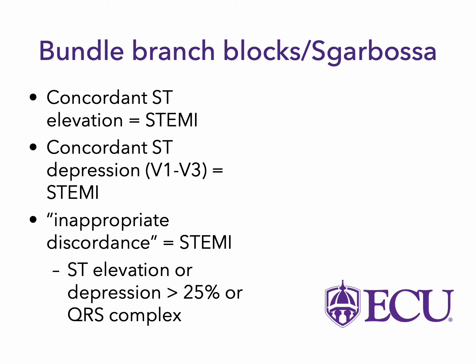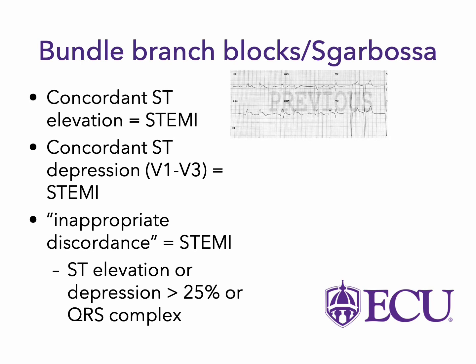So let's just break this down to make this make sense. Starting with concordant ST elevation. This is a little bit tough to see, but if you look closely here, we have in lead 2 a widened QRS. This is our left bundle morphology. That QRS complex is positive, it's going up. Our ST segment is also up.